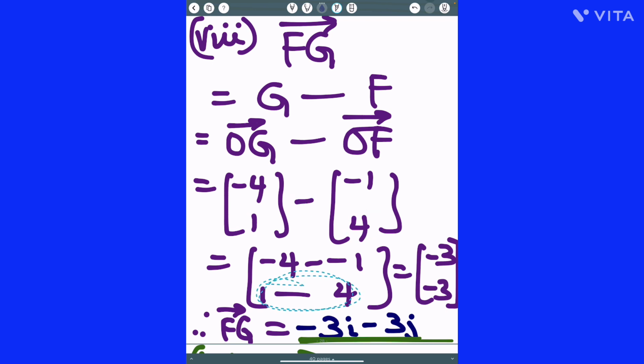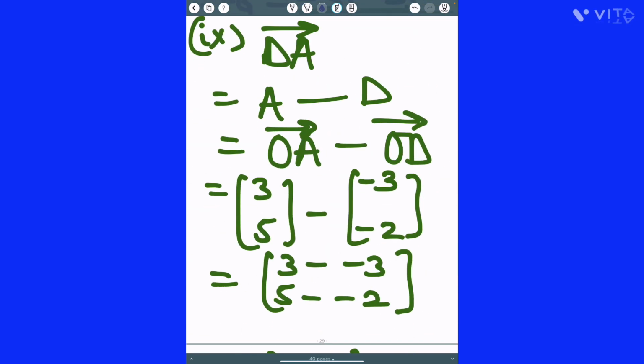Minus 4 plus 1: minus times minus is plus. Minus 4 plus 1 is minus 3. 1 minus 4 is minus 3. So my FG is minus 3i minus 3j. That solves the problem there.